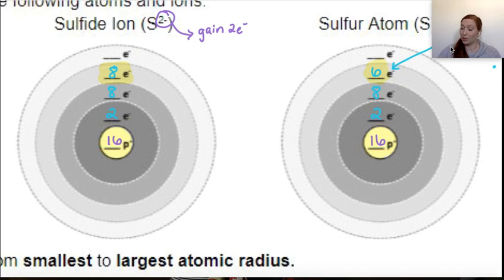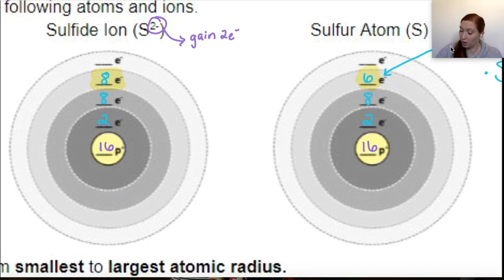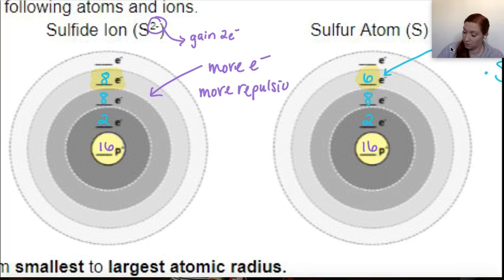So when we add in more electrons, we're going to have more repulsion between them. That's going to make our sulfide ion larger than the sulfur atom.